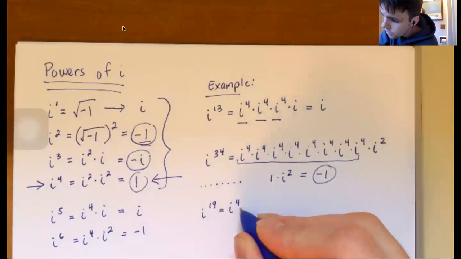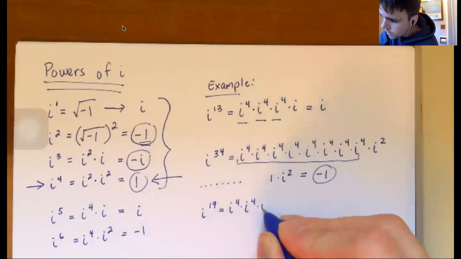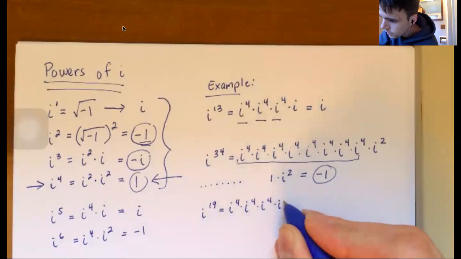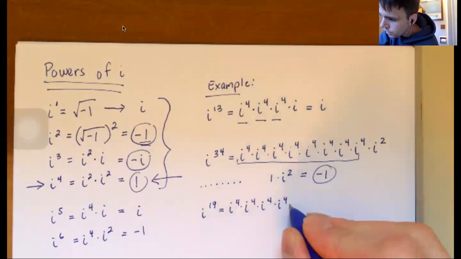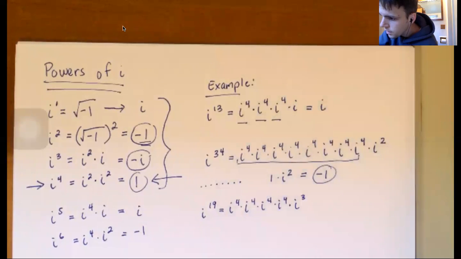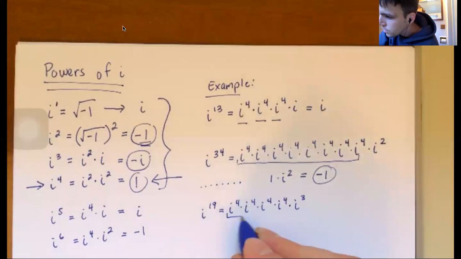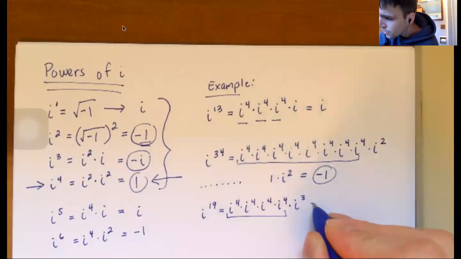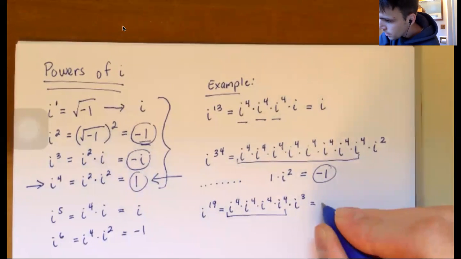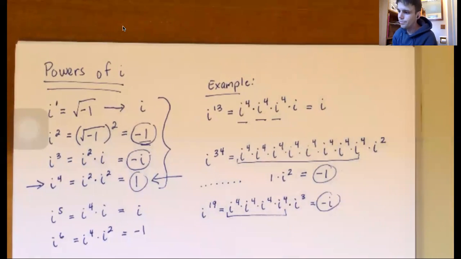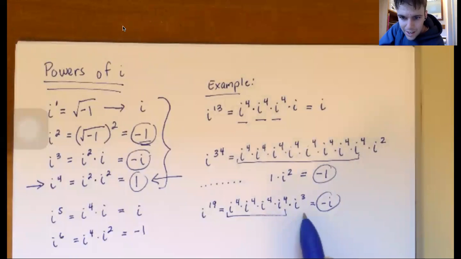So that's 4, 8, 12, 16 - we need 3 more, so i to the 3rd. There we go. So this right here is all 1. 1 times i to the 3rd. We just get i to the 3rd, which is actually -i. We only honestly care about this little remainder.